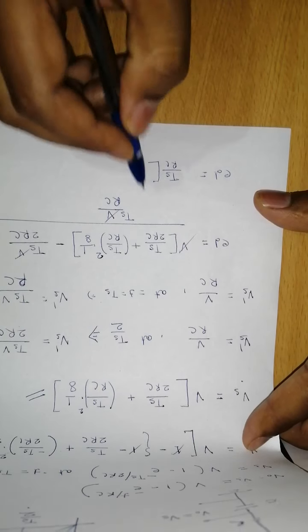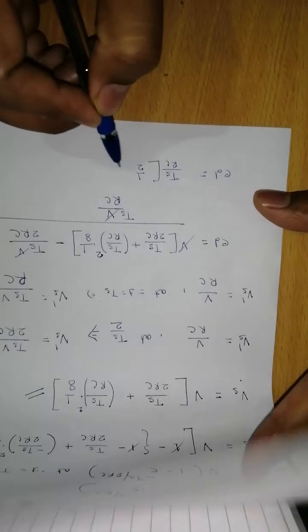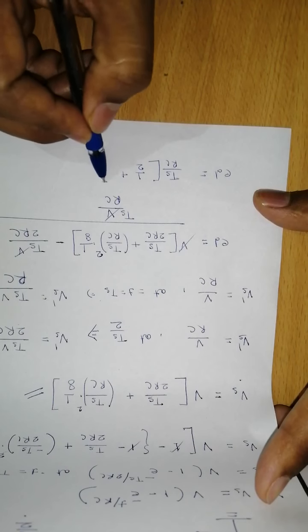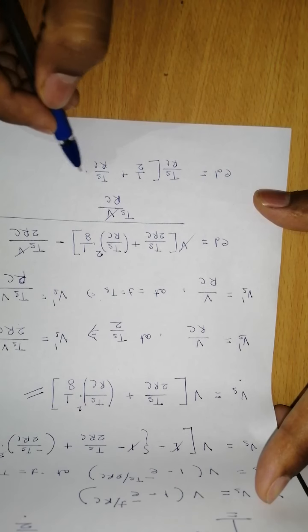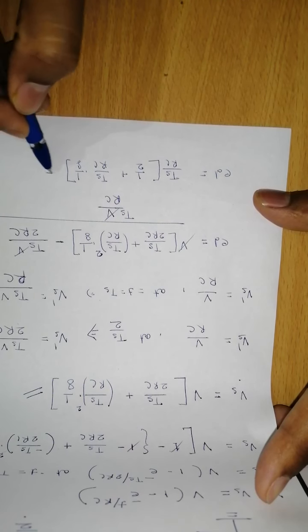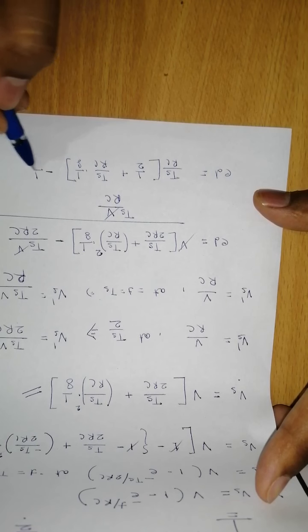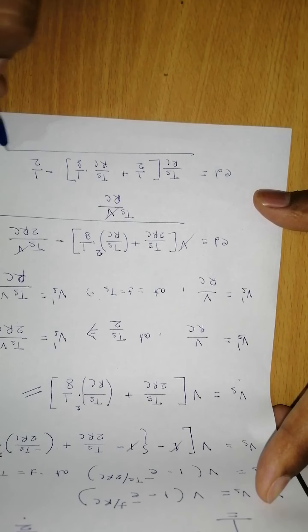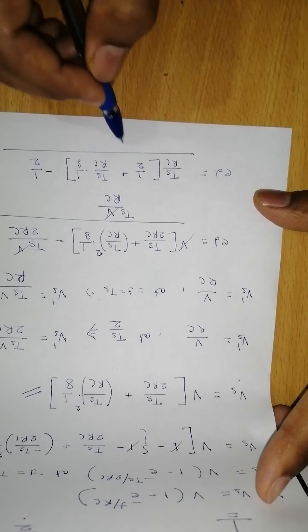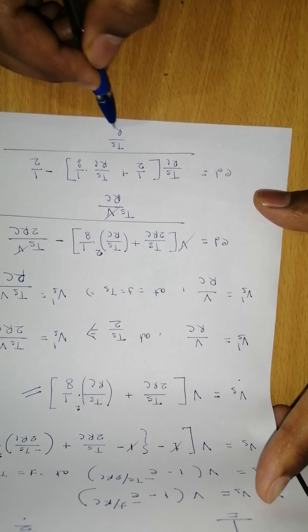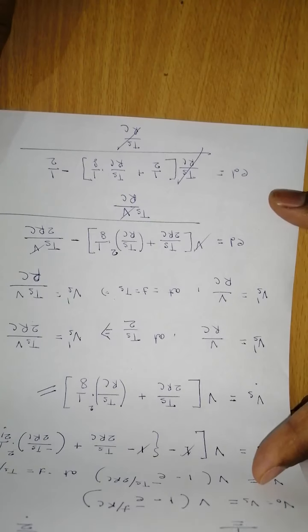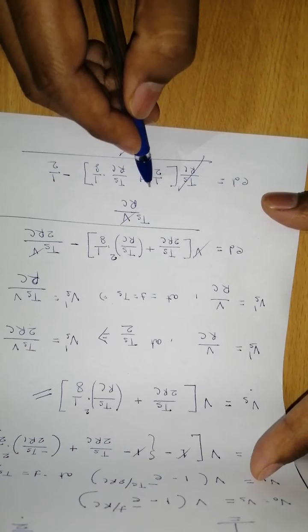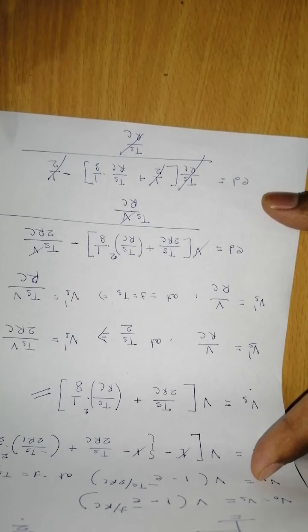Taking common from the numerator, 1 by 2 will be left here, plus Ts by RC, simply it will be left here multiplied by 1 by 8, minus Ts by RC is there, so minus 1 by 2 will be left here, and here Ts by RC is available. So this Ts by RC will get cancelled. This 1 by 2, this 1 by 2 will also get cancelled.